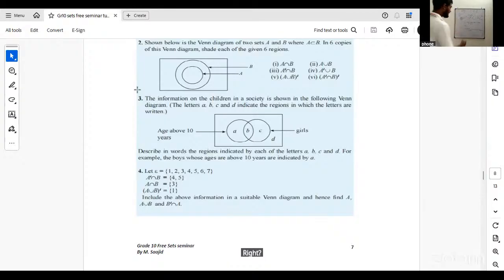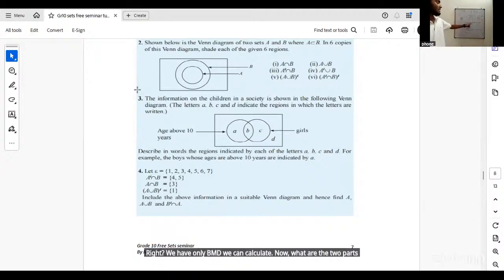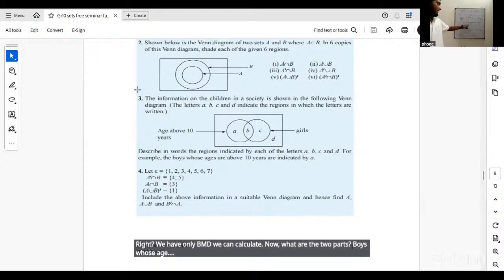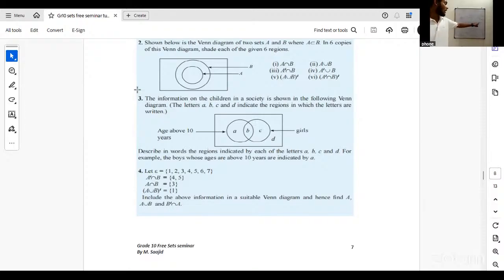Right? Now we have only B and D regions remaining. Now what are the two parts? Boys whose age is above 10 years. Boys whose age is below 10 years. Which region is boys below 10 years?